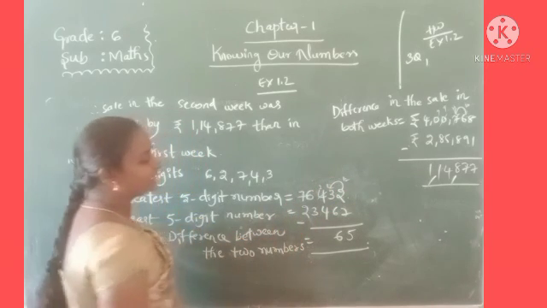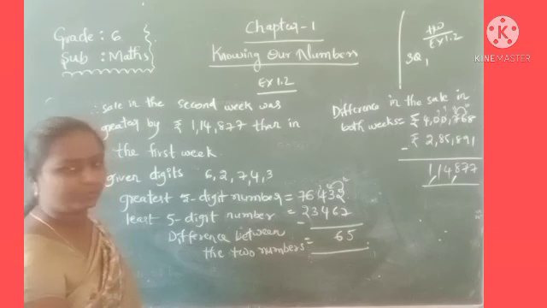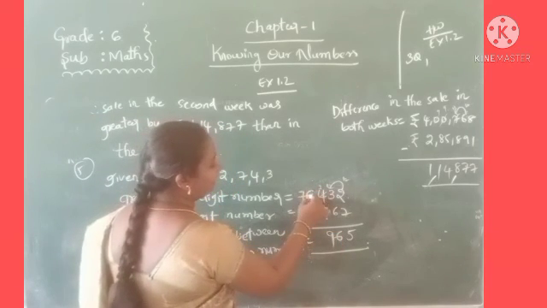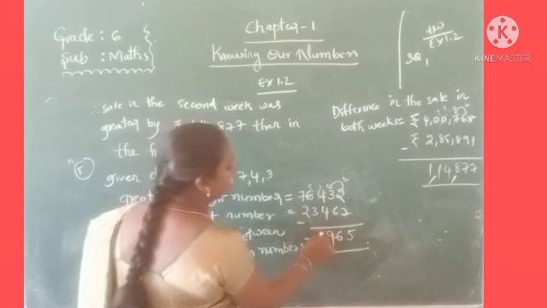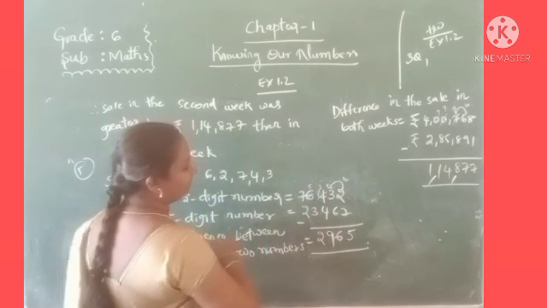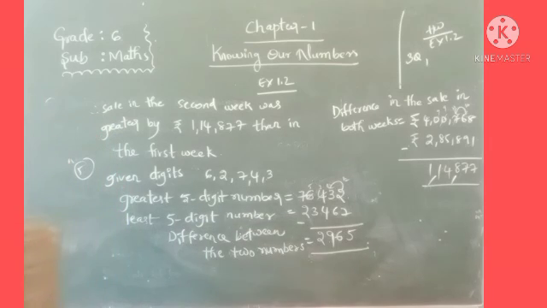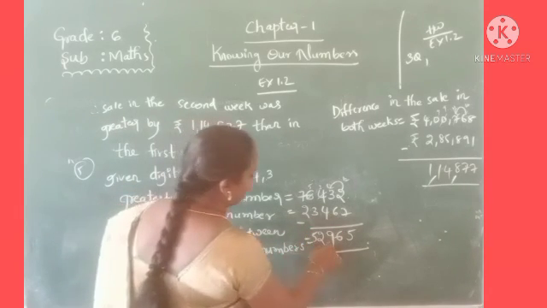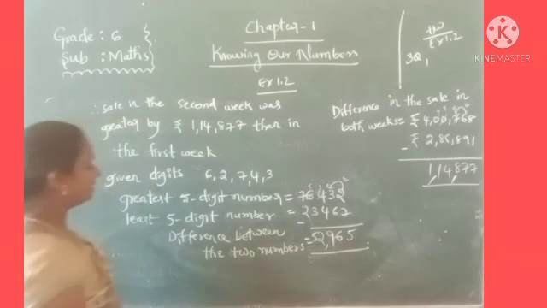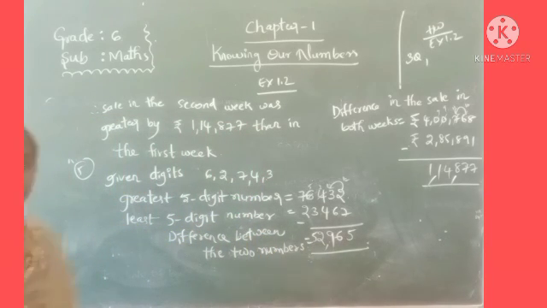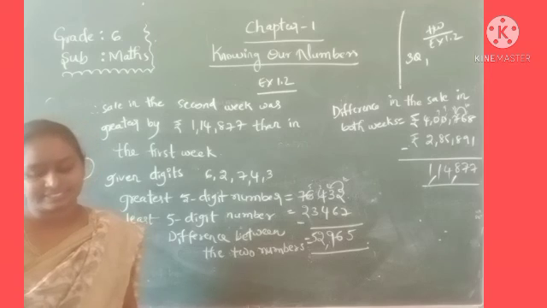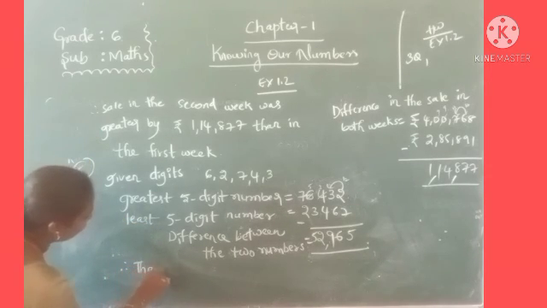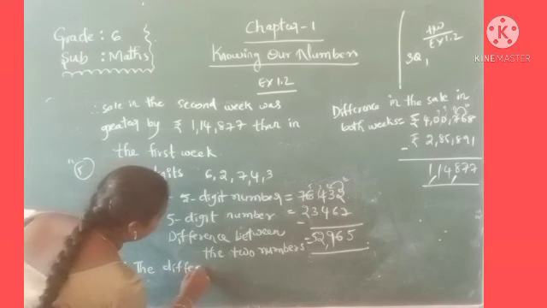It is equal to 13. 13 minus 4 is 9. Here, 1 reduced, that is 5. 5 minus 3 is 2. Again, what will be there? 7. 7 minus 2, 5. So what is the difference between the two numbers? 52,965. So therefore, the difference between the two numbers is 52,965.